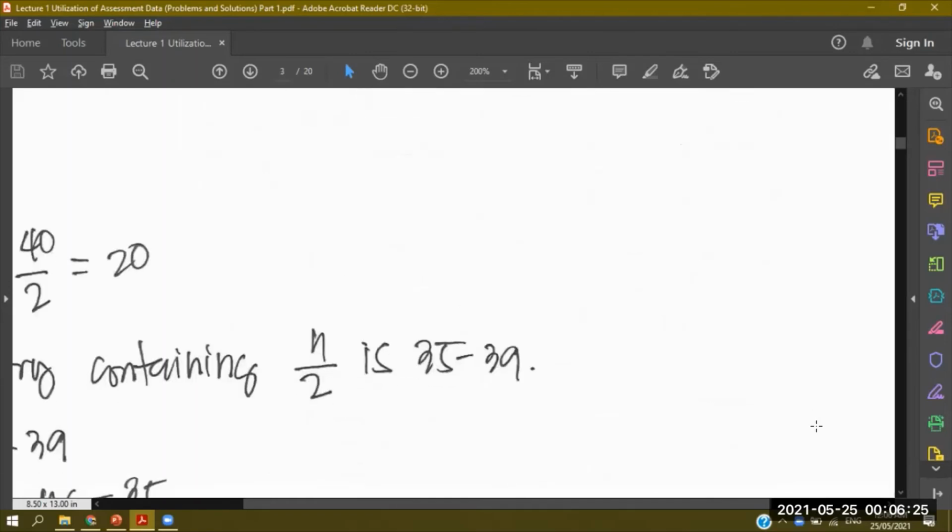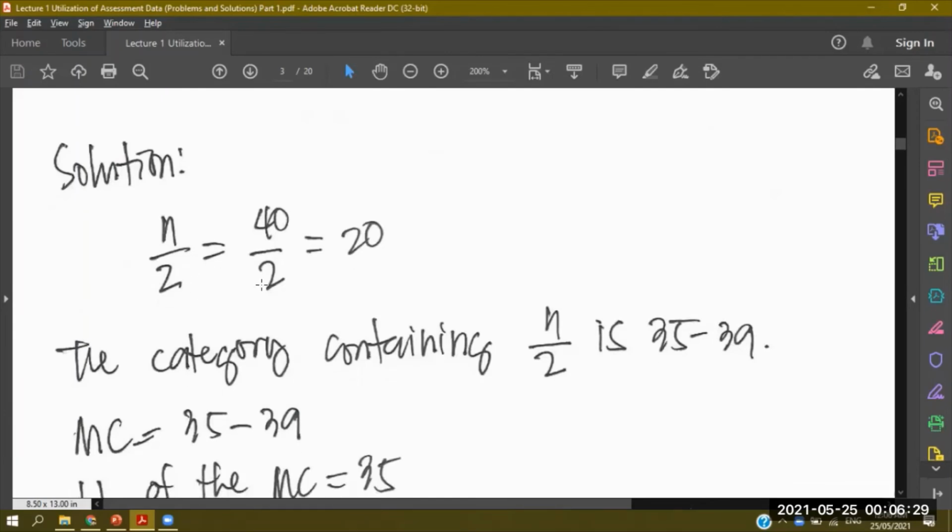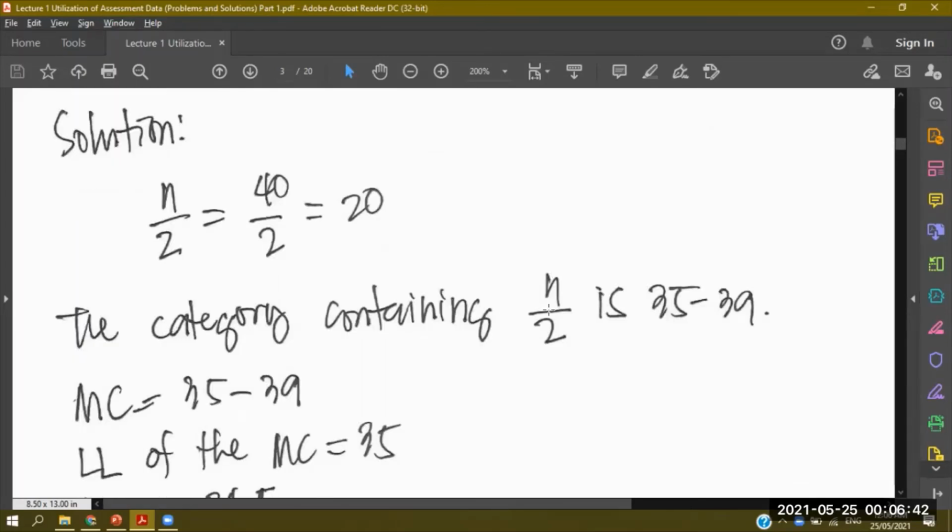That is why, children, sa ating example, n over 2 is 20. Okay? And then the category containing n over 2 is 35 to 39. Okay? So MC natin is 35 to 39.